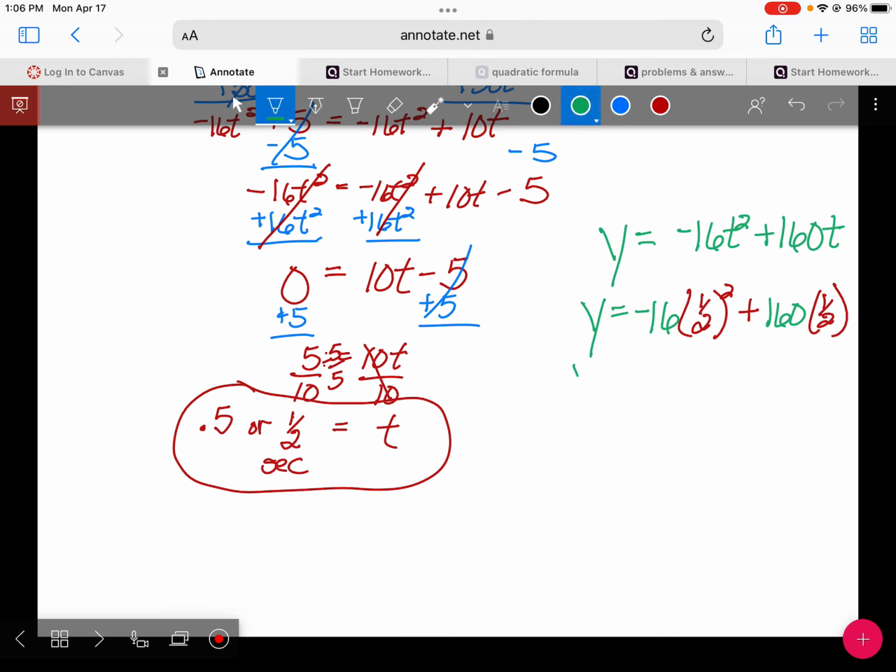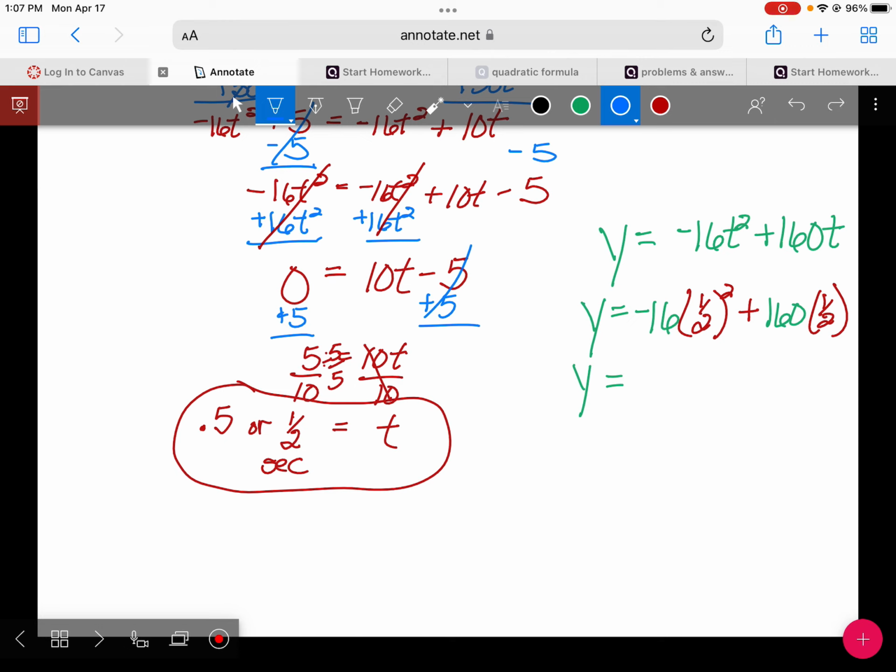All right, so y equals, what is 1/2 squared? Either in fraction or decimal form. What's 1/2 times 1/2? 1/4. And what is 1/4 of negative 16? Negative 4.